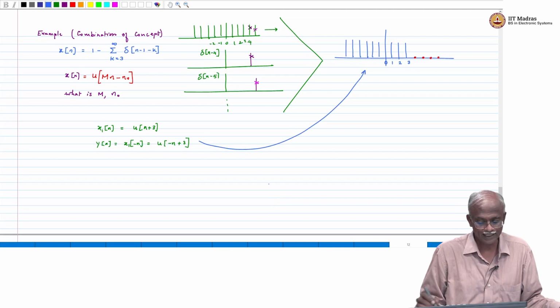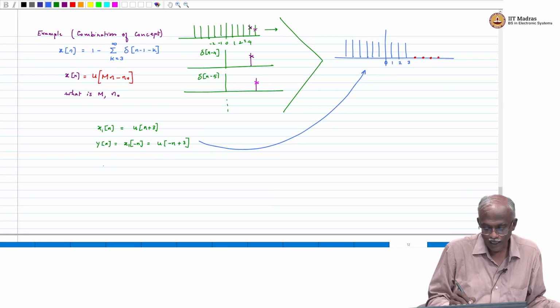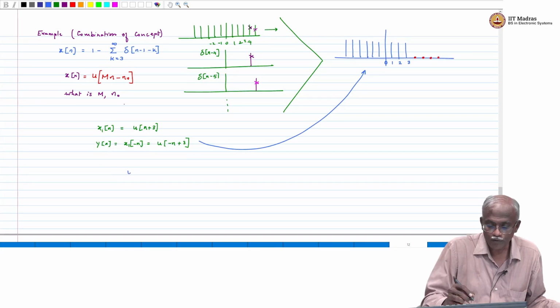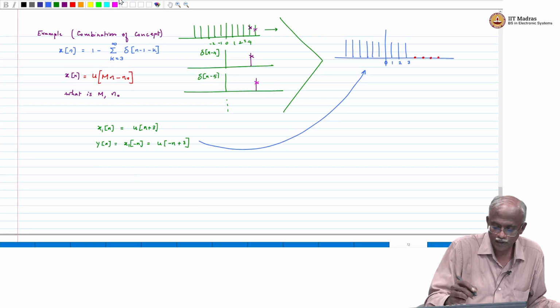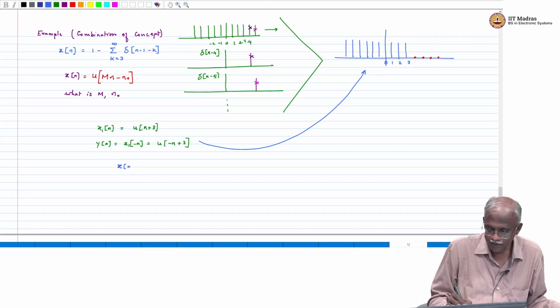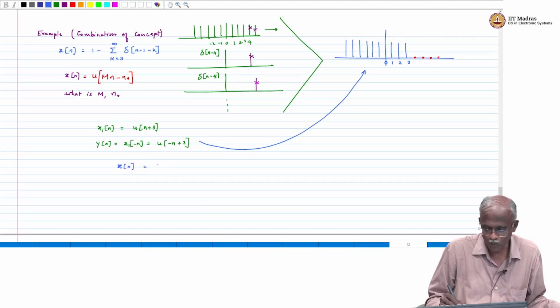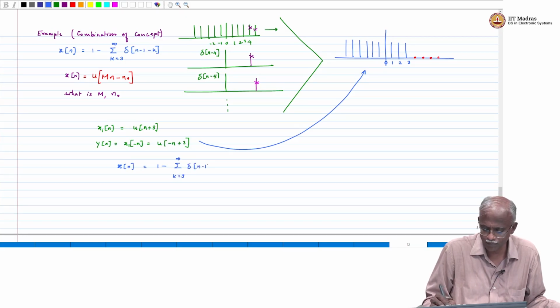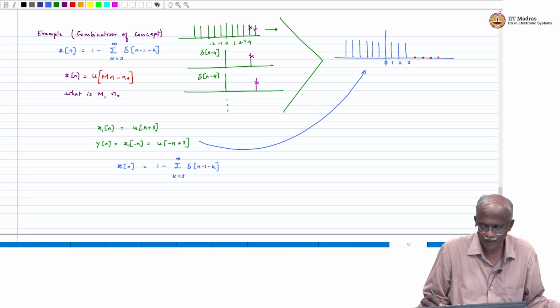So we have the following: x of n is the expression that we have here, 1 minus summation k equal to 3 to infinity delta of n minus 1 minus k.